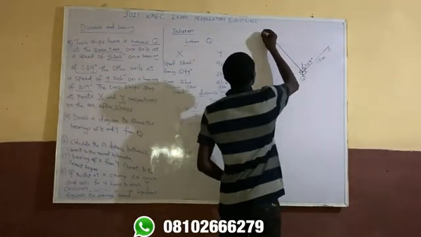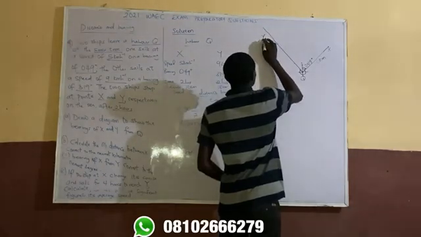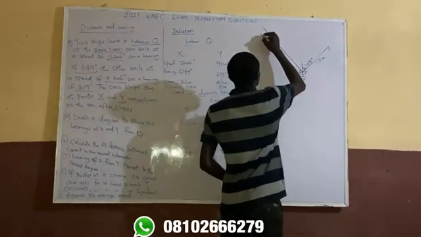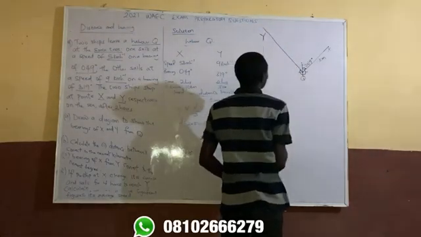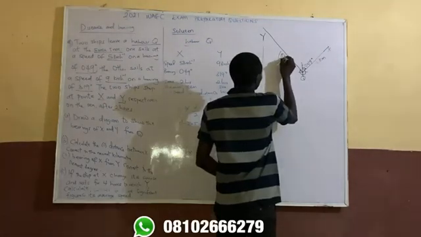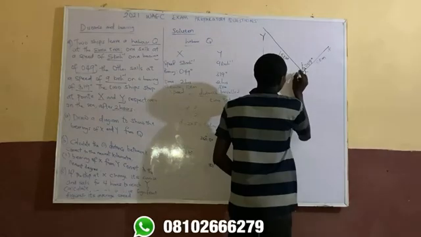This one is point Y. So from here we have 18 kilometers, and this angle is 319 degrees.